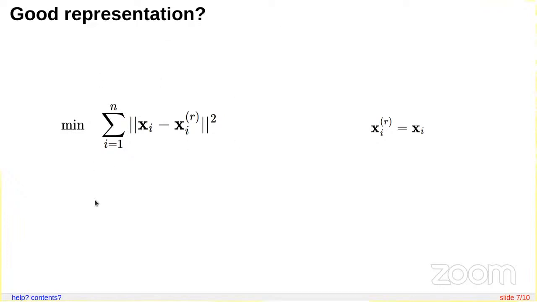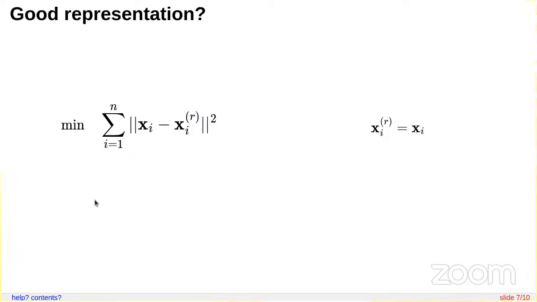Is this a good representation? This is what we wanted, right? We wanted to minimize the reconstruction error. So is this correct? Yes, but there is... Okay, what is missing? This looks correct, but should it be divided by the number of data points?